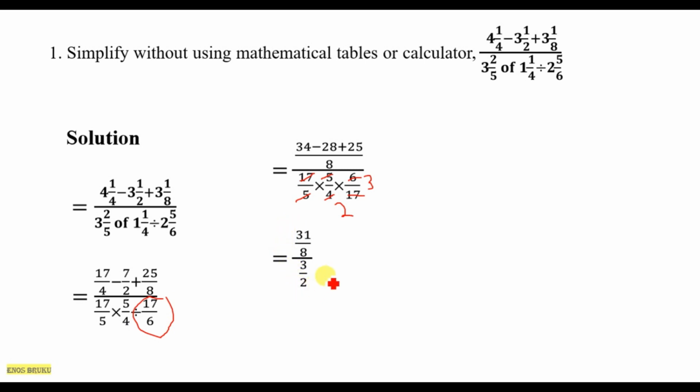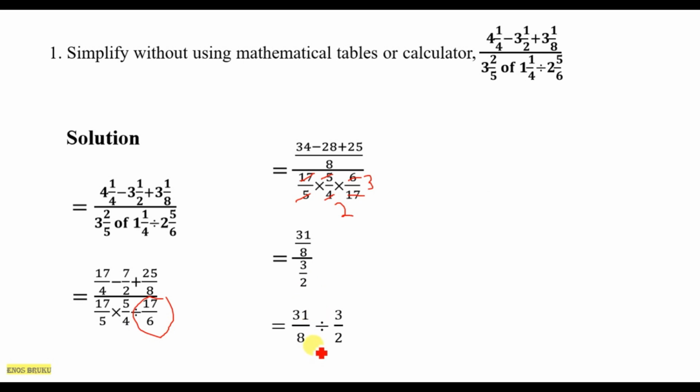So what does this mean? You don't have to let this confuse you. This only means that the 31 over 8 is being divided by 3 over 2.